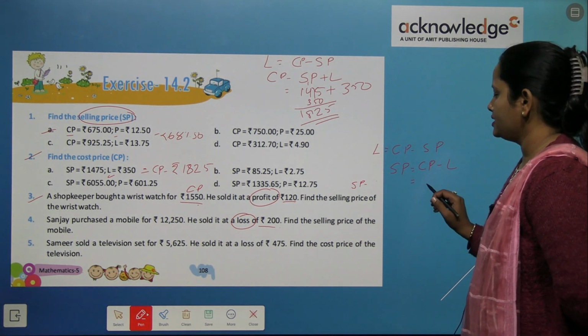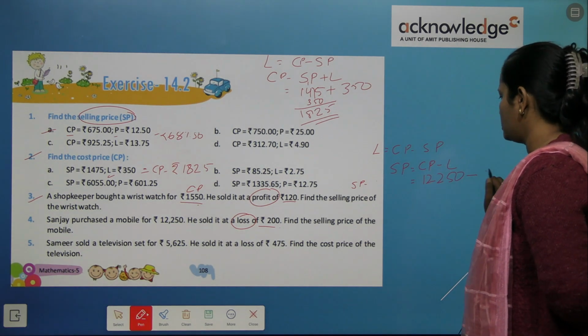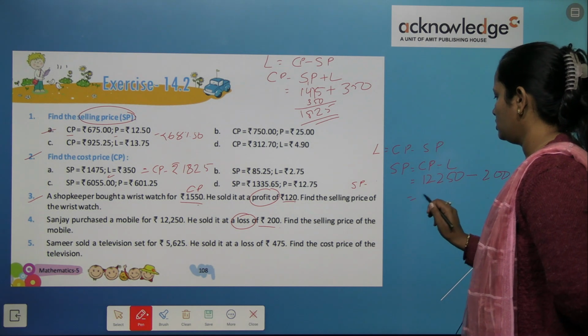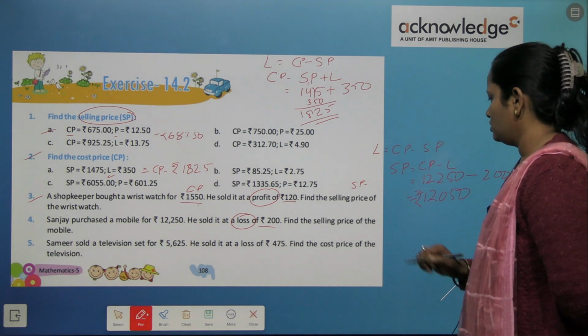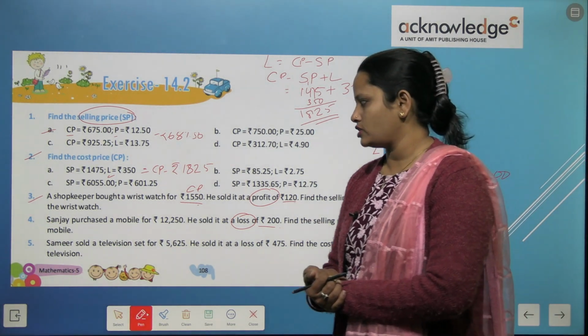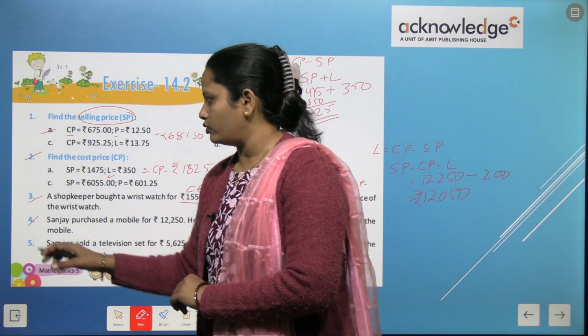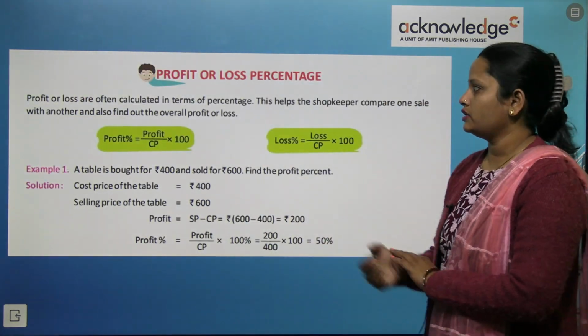So CP is 12250 minus 200. So this is the selling price of the mobile phone. So similarly children, you have to do the rest of the questions that are given here.